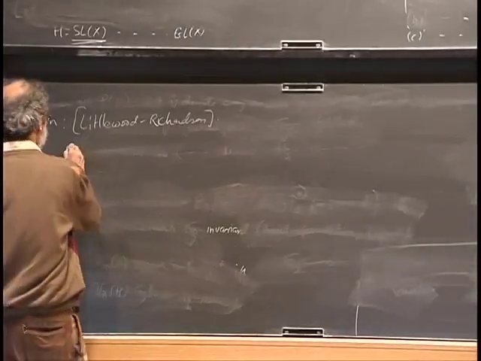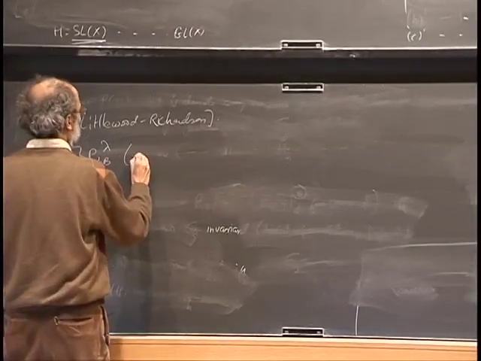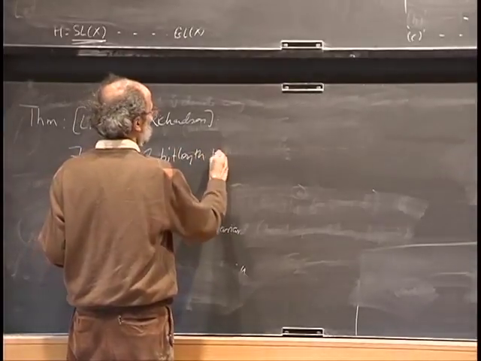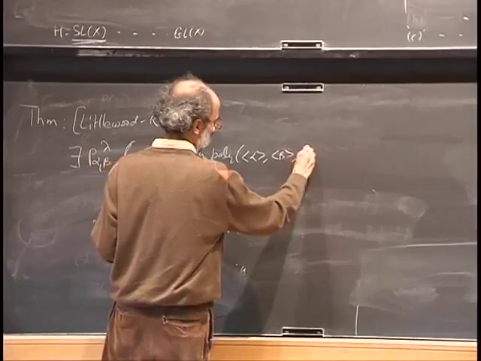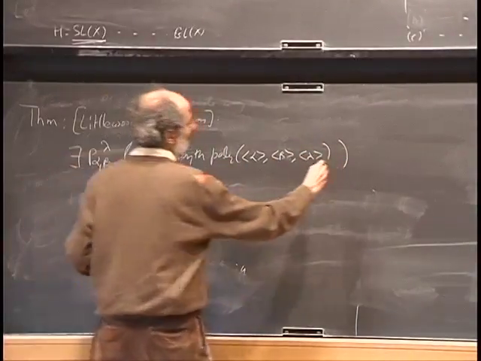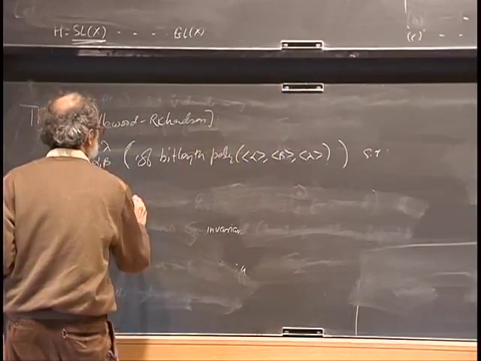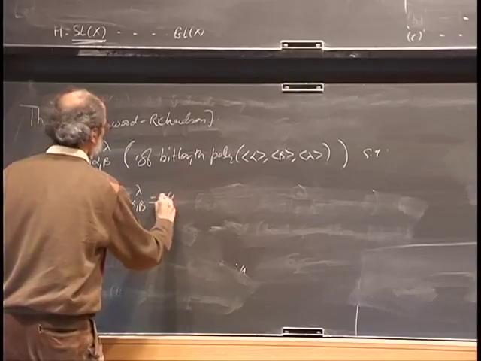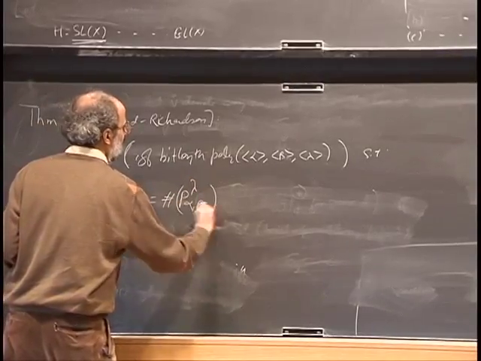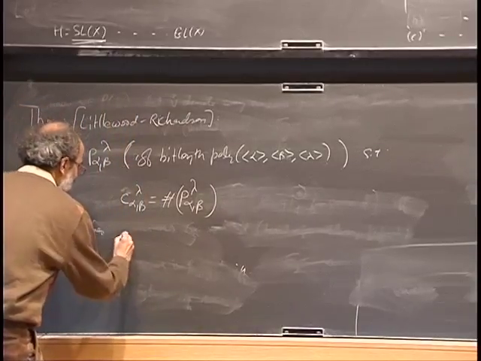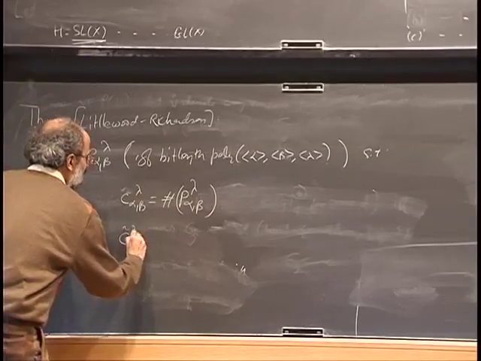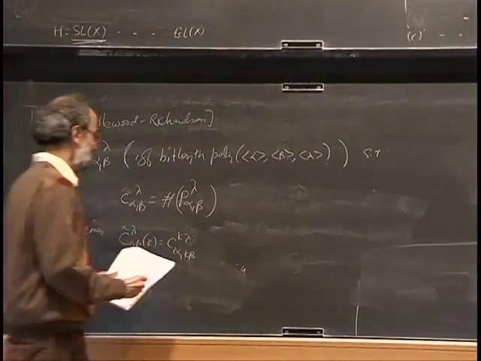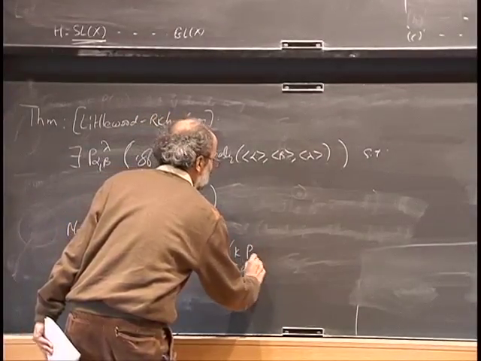So then there exists p(alpha, beta, gamma), of bit length polynomial in the bit lengths of alpha, beta, so you can see that it happens here naturally, such that if you take the stretching function associated with this C alpha beta lambda, first of all this is equal to the number of integer points inside P alpha beta lambda, and moreover, if you define the stretching function C alpha beta lambda k equal to C(k alpha, k beta, k lambda), then that is equal to the number of integer points in k P alpha beta lambda.